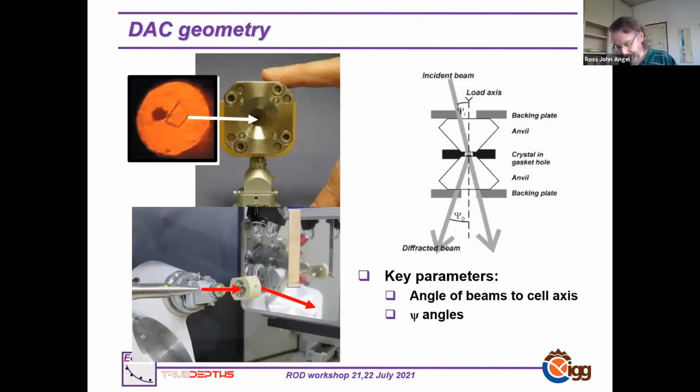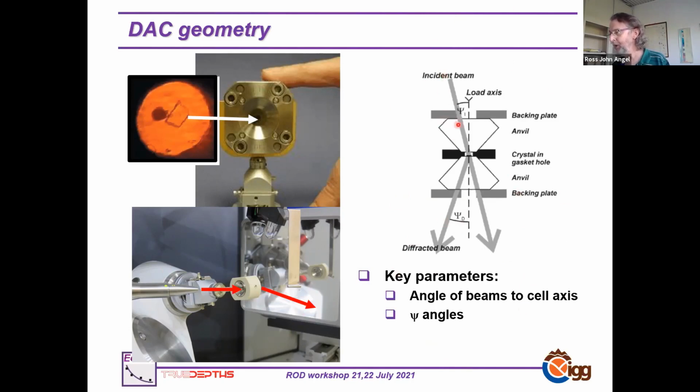So, as Christoph showed quite a few minutes ago, there are different types of basic geometry for the diamond cells, but all of the ones that we currently use for routine measurements at high pressure on laboratory diffractometers have one thing in common, and that is that the X-ray beams, I hope you can see my pointer, but on this lower left picture, the X-ray beams enter the cell from one side and the diffracted beams leave the cell on the other side, and this has become known as a transmission geometry cell.